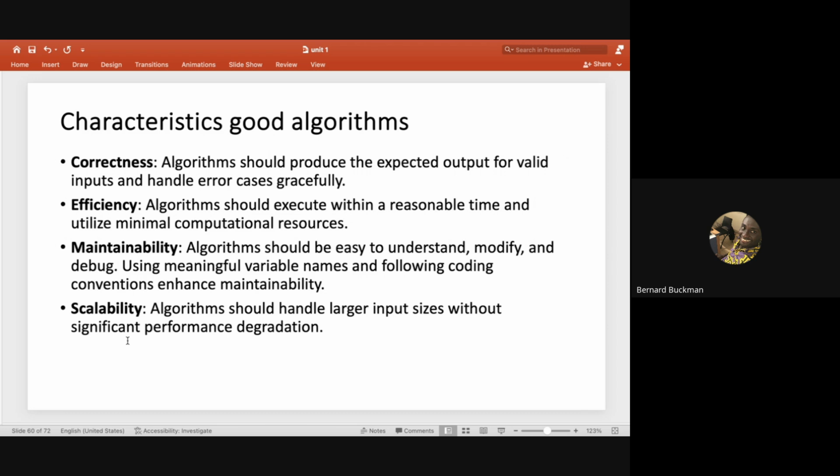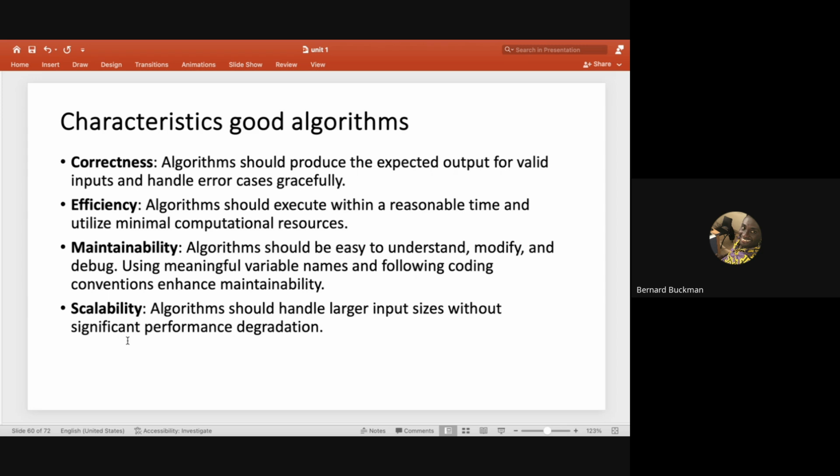Now, what are some of the key characteristics? We say that algorithms have to be correct. When we say correct, we simply mean that they have to produce the expected outcome. If I want only students in mathematics, I shouldn't get a case where at one time I get students in mathematics, and at another time I get students in mathematics and IT. They have to be correct every single time with different kinds of inputs.